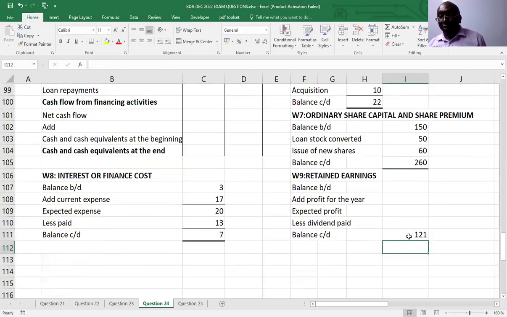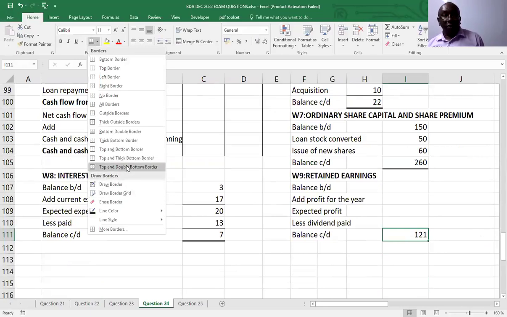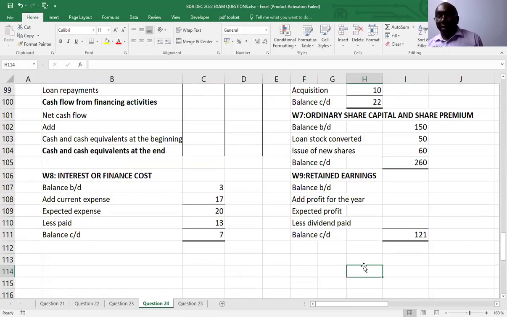Mame hapo kidogo. Give it a double. Already ni saa 4. We have advise me whether we close at that point ama tumalizie.